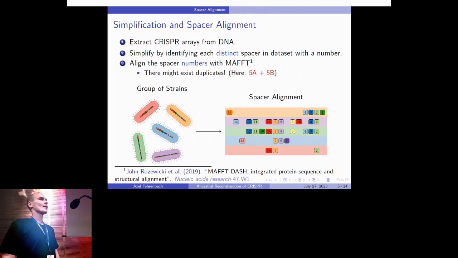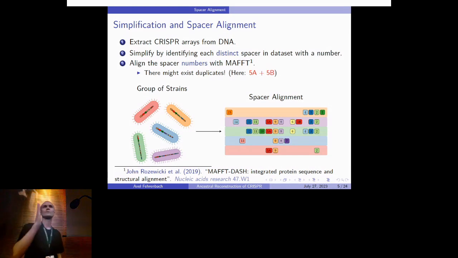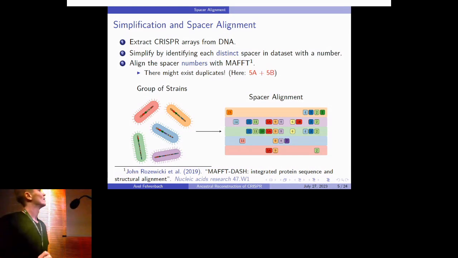In the second step, we align these numbers just with math, for example. And you end up with this spacer alignment, which you see on the left, which is just a presence-absence pattern. Each column corresponds to one specific spacer. An important thing to note is that there exist duplicates of spacers in this alignment.